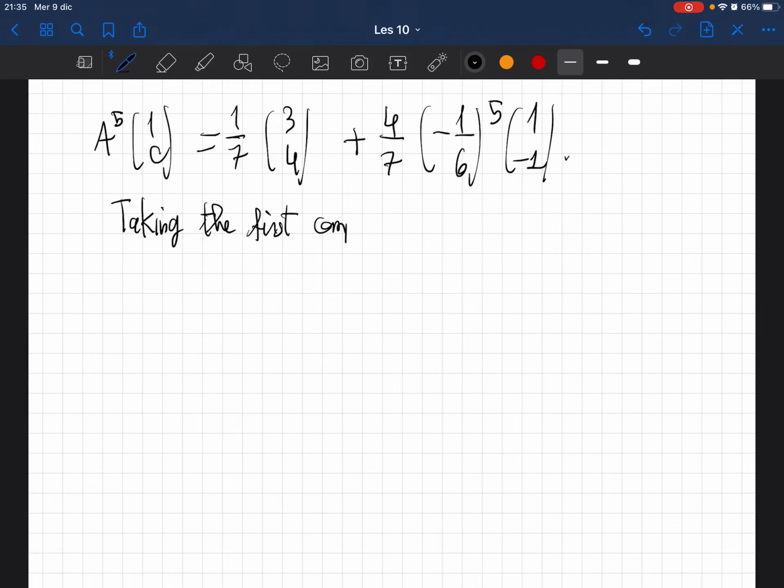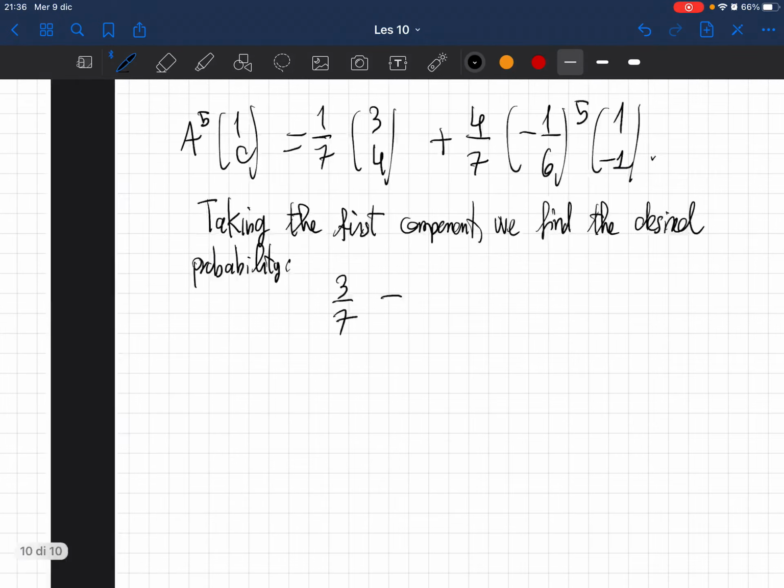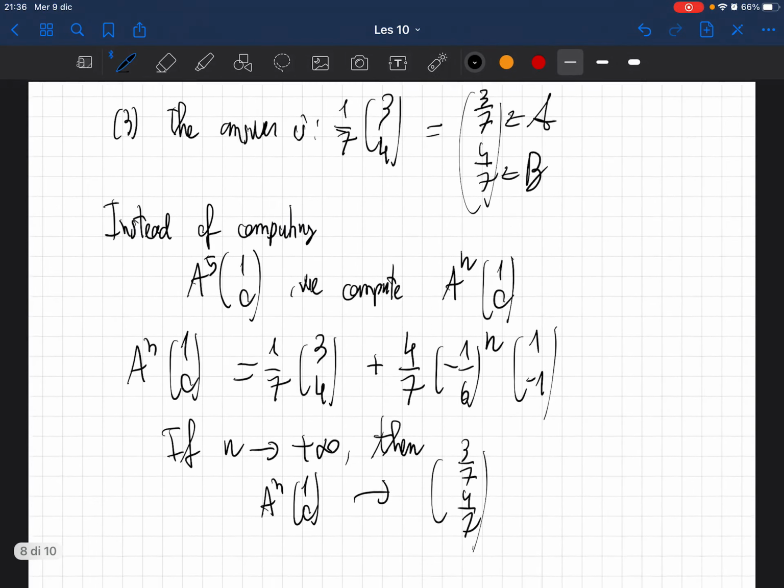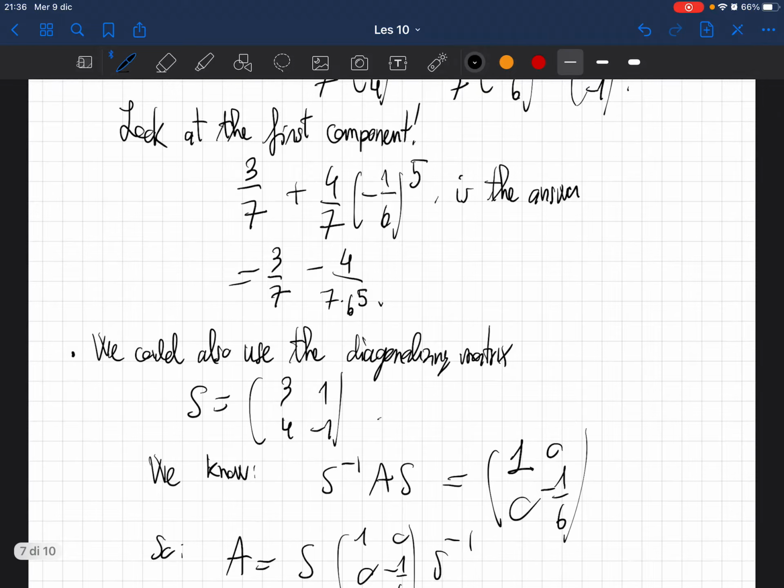Okay, taking the first component, we find the desired probability, which is 3 over 7 minus 4 over 7 times the number here. Well, let me recopy it.